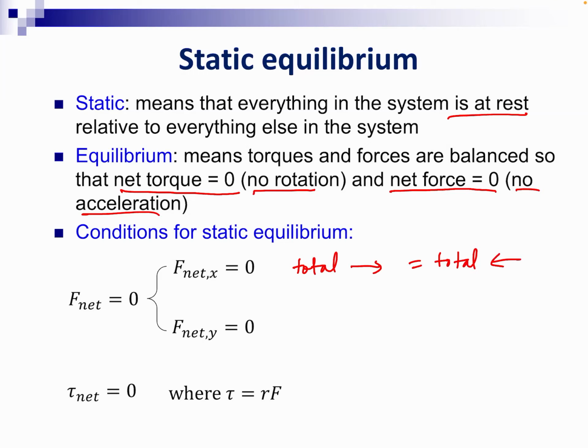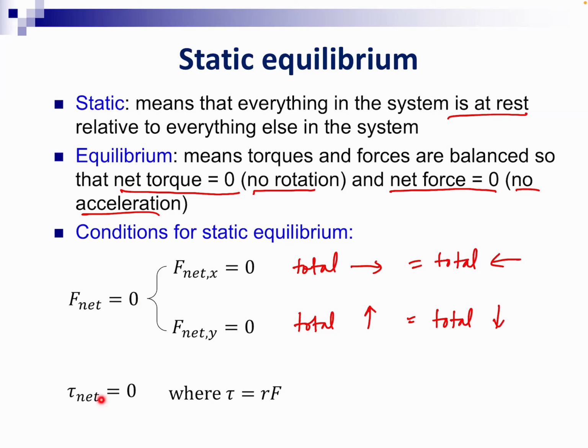The net force along the y should also be equal to zero, meaning the total upward forces should balance out the total downward forces, in order to have net force equal to zero in all axes, and therefore acceleration is zero.